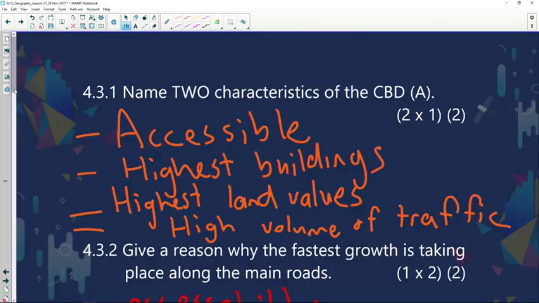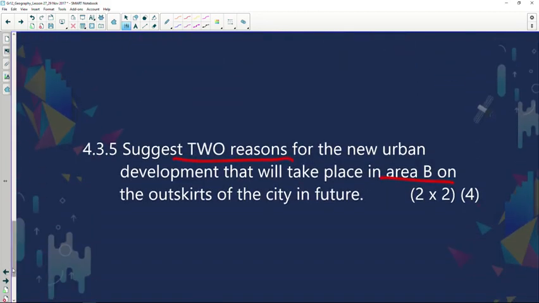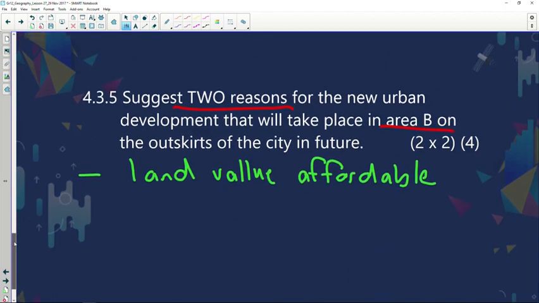So what can we say? If you just look at the question again, what can we do? 2 reasons for the new urban development that can take place, suggest 2 reasons. First of all, make the land value affordable. Okay, so it's not too expensive, so people can actually start their own businesses.